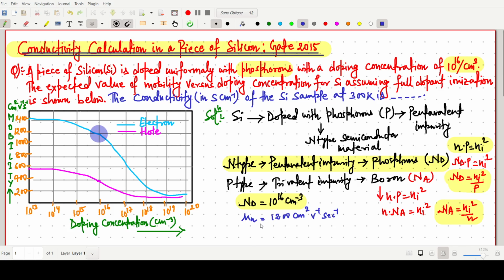So the mu n value is also given. We have to find the value of sigma n, the conductivity in an n type material, because we are just focusing on the n type due to phosphorus.